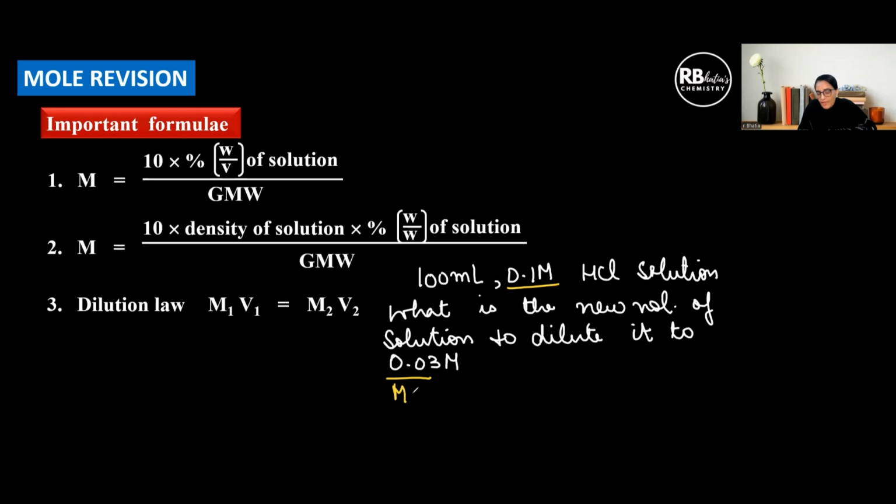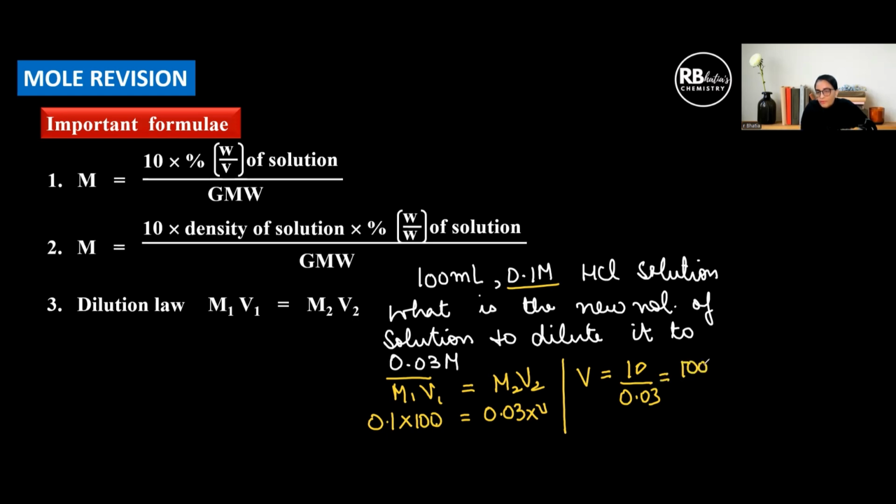I'm going to use M1V1 is equal to M2V2, where M1V1 is the original molarity, original volume. This is the new molarity and new volume. I just solve it. I get total V is 10 upon 0.03. 100 into 0.1 is 10. I divide it with 0.03.